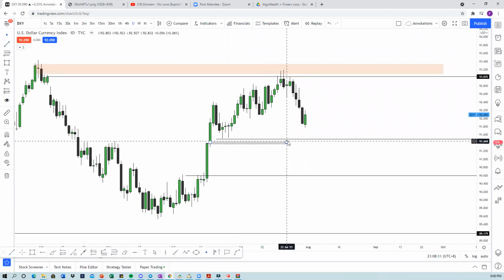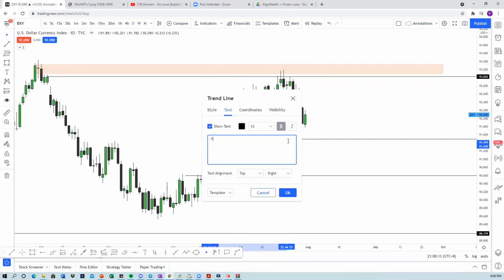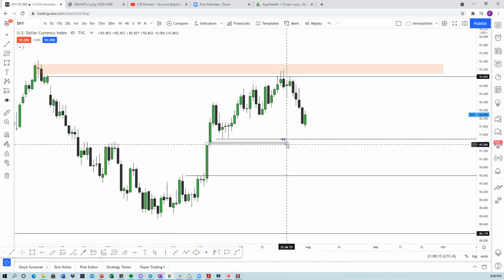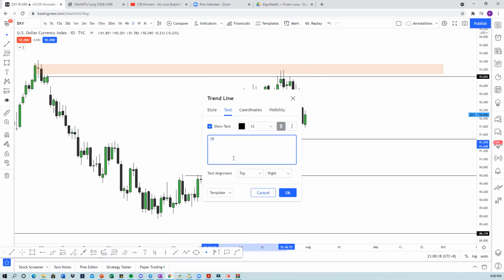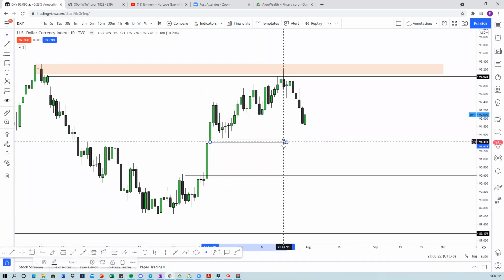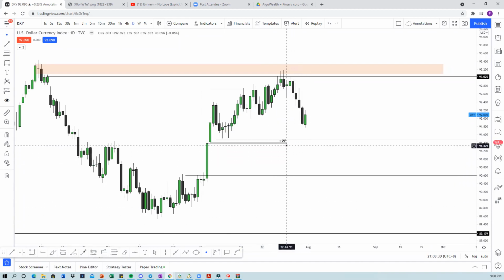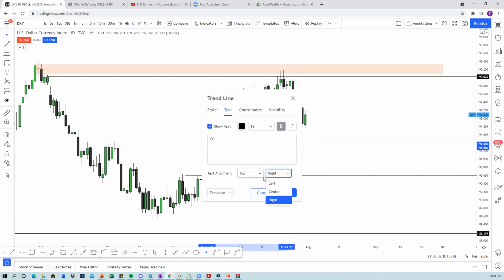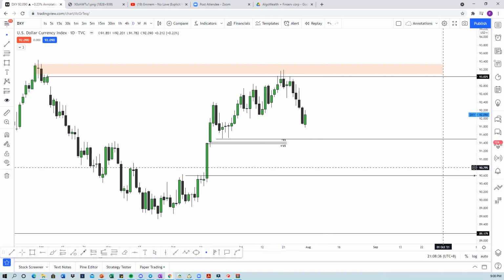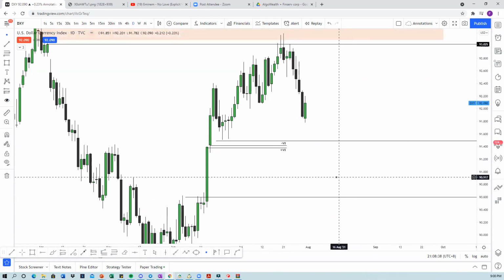We have the premium of the volume imbalance and the discount of the volume imbalance.